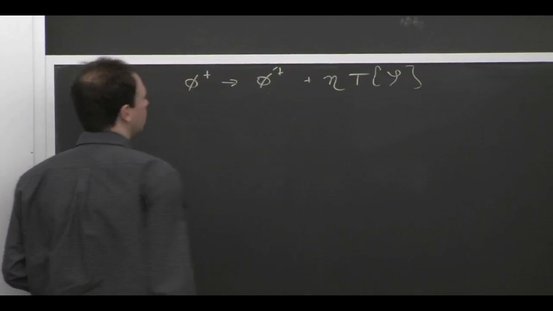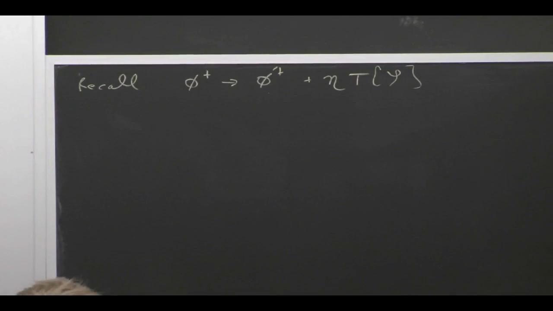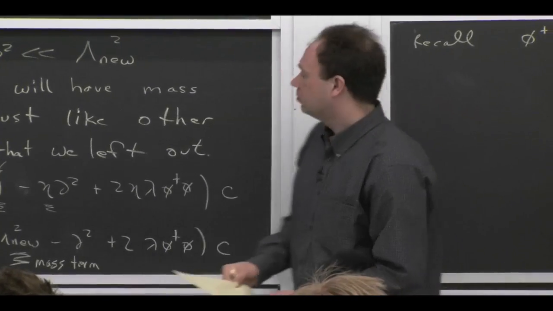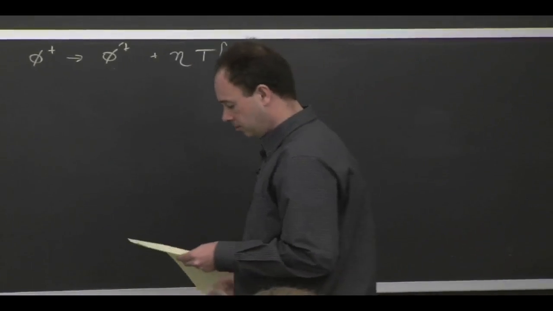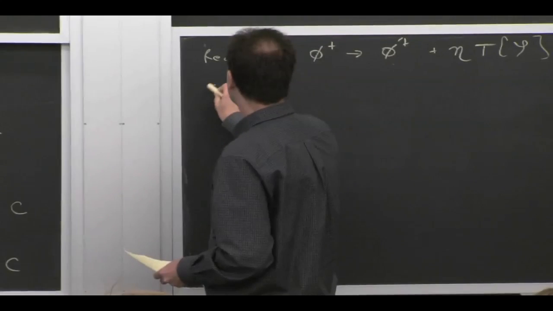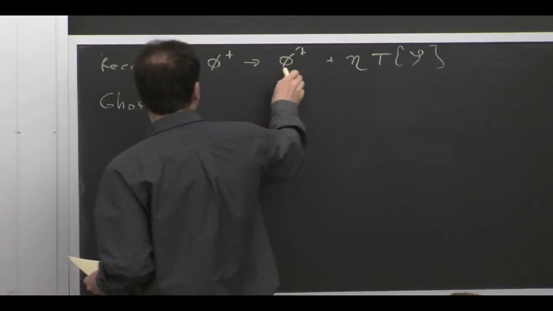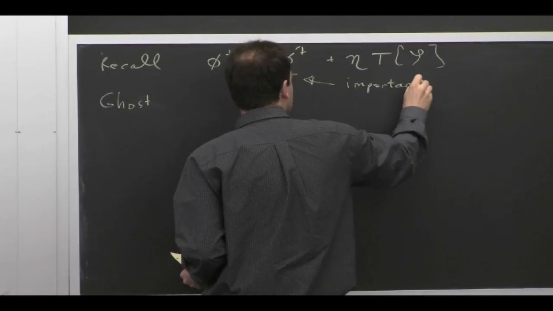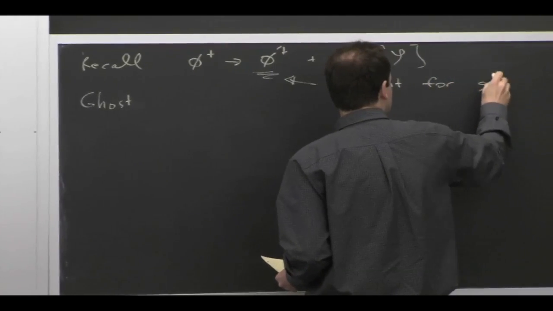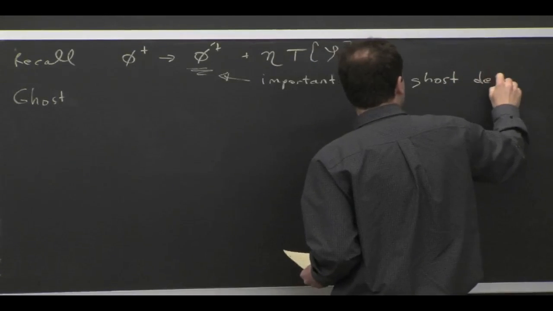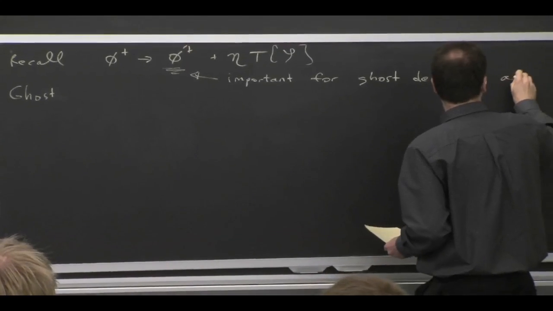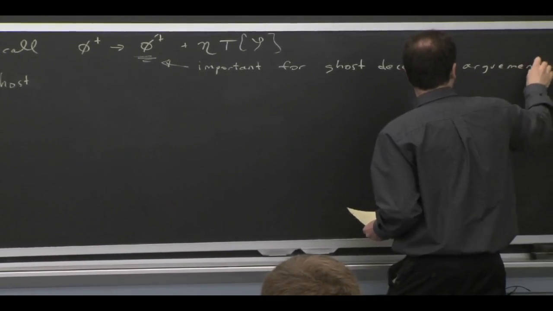But we always had this term. And that term was related to the presence of this 1, and that was important for this argument. So there has to be a term that's linear in the new field. We want the same 1 particle states.